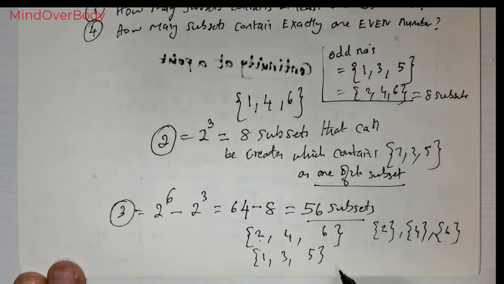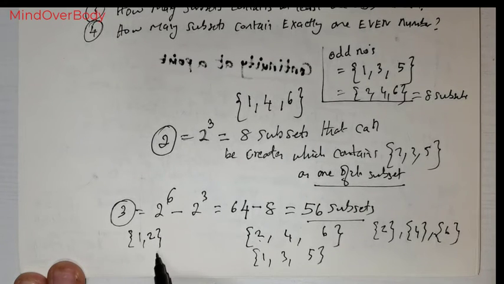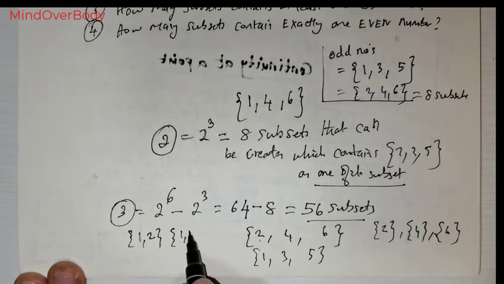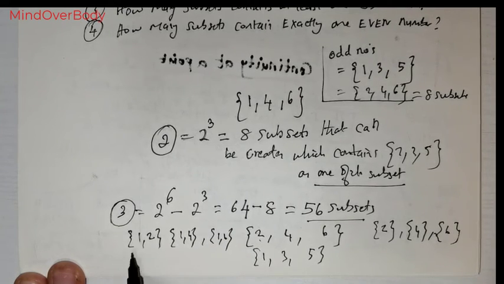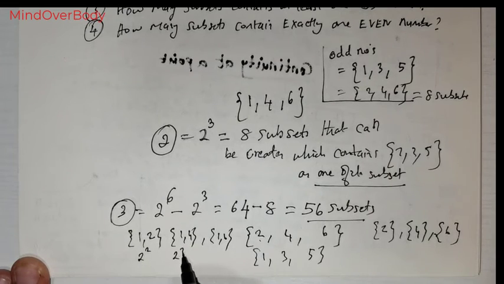So that means we can always create a set using 1 comma 2, using 1 comma 4, using 1 comma 6. The number of subsets that can be created using 1 comma 2 is going to be 2 raised to the power of 2, and similarly 2 raised to the power of 2 for each of the others.